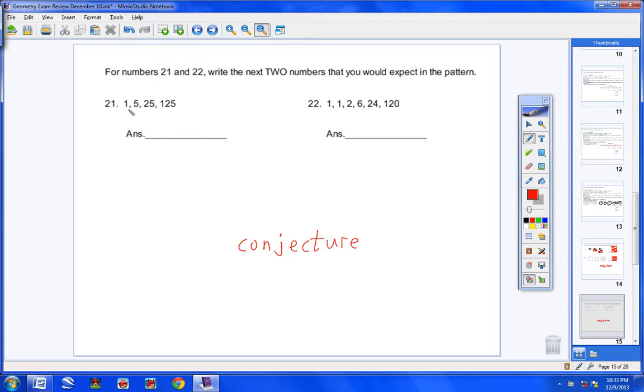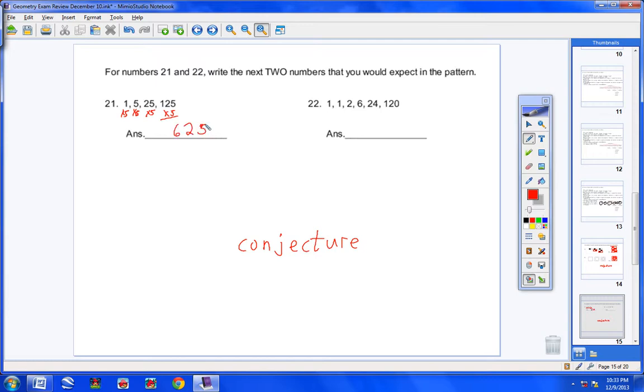For example, I went from 1 to 5, 5 to 25, 25 to 125. Well, I notice right away I'm multiplying by 5. 1 times 5 gives me 5. 5 times 5 gives me 25. 25 times 5 gives me 125. So the next number would be 125 times 5, which is 625.